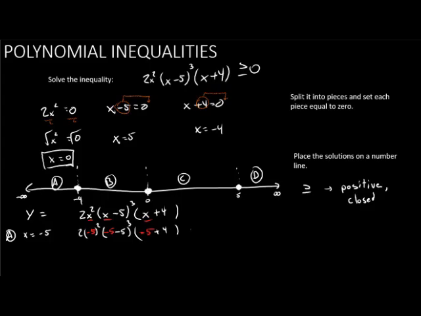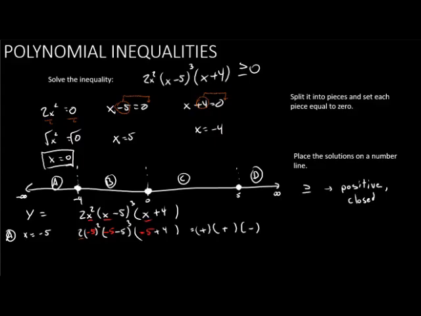Now we'll check the signs of each piece of this polynomial. We'll begin with the 2 in front. The 2 is a positive number, and so our first piece of the answer will be positive. We then have negative 5 squared, but any negative squared also gives you a positive. It would be positive 25, but we only really care about the sign. Negative 5 minus 5 gives us negative 10, and a negative to the third power will give us a negative still.